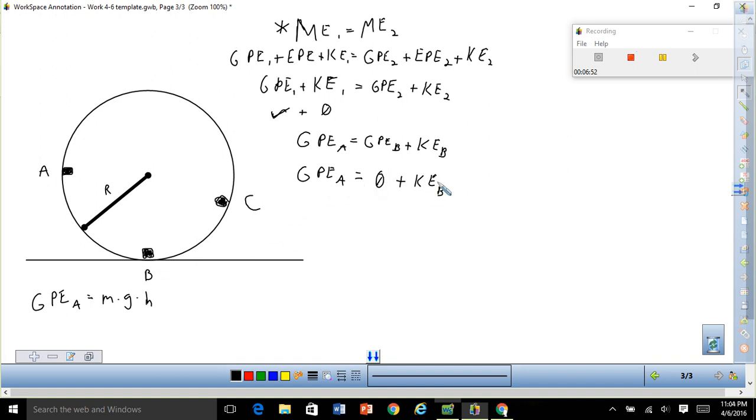Again, you don't want to start out just writing that down, though. You want to begin with the conservation of mechanical energy and then work through that gradually, substituting zeros, again, just to demonstrate that you understand what's going on as the object slides around.